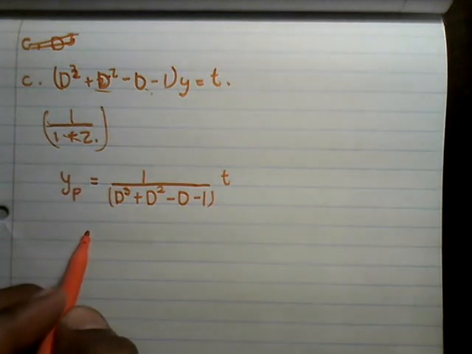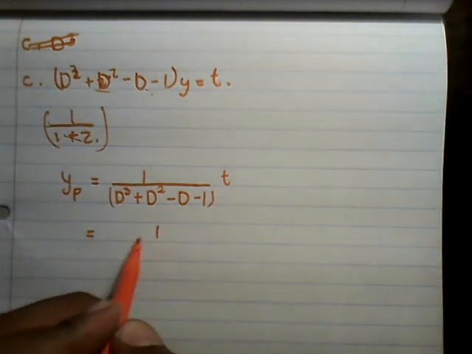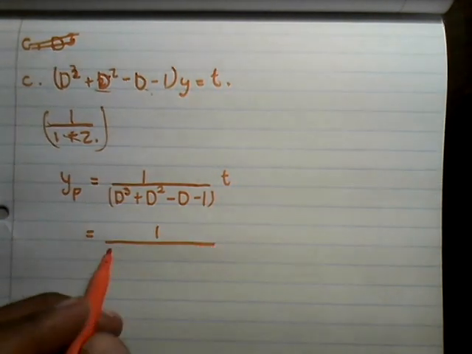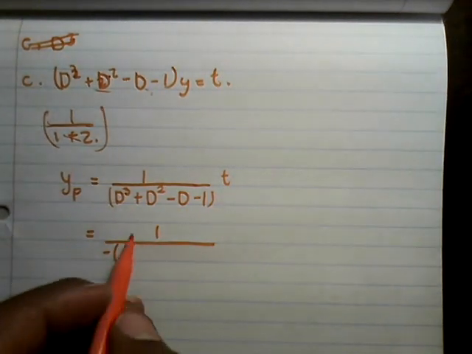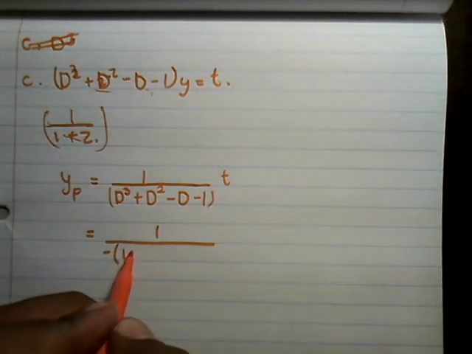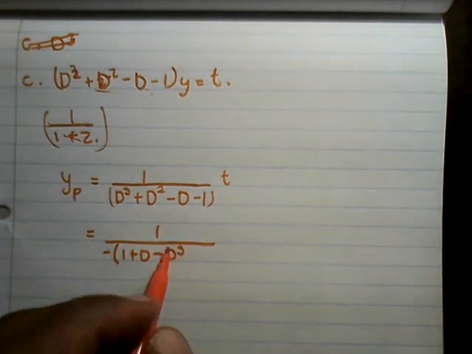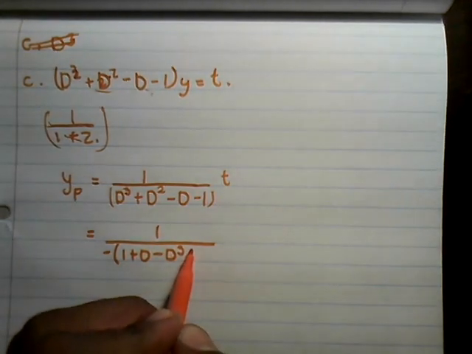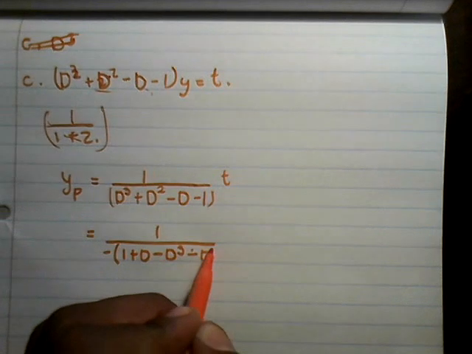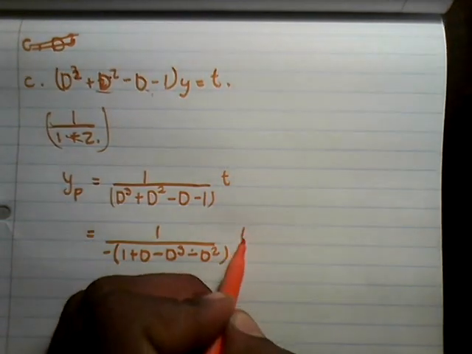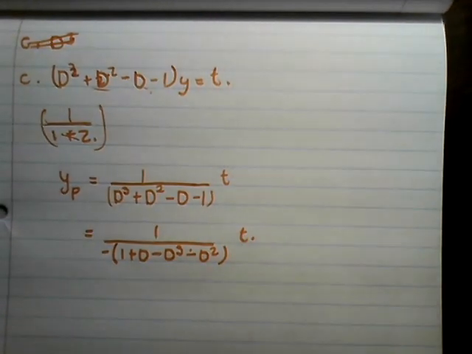So this is going to be 1 over negative, negative 1 plus D minus D cubed minus D squared, multiplied by t.